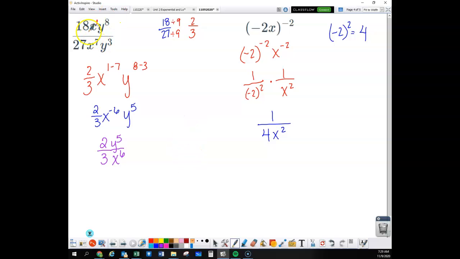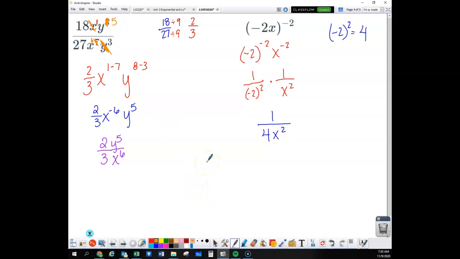Okay, now what she was talking about is canceling stuff out, and that's how I kind of approach it. So if I have one x in the top and 7 at the bottom, if I cancel one out, that means now I have 6 at the bottom, right? And if I have 8 y's in the top and 3 in the bottom, I can cancel out 3 from the bottom and 3 from the top. 8 minus 3 would be 5.